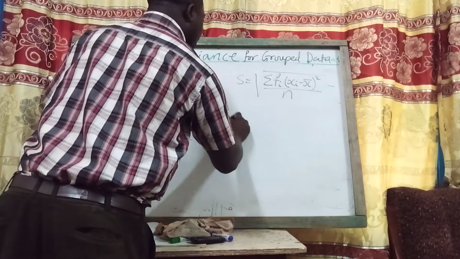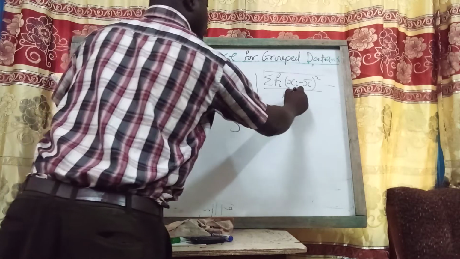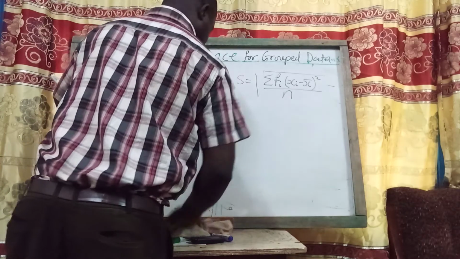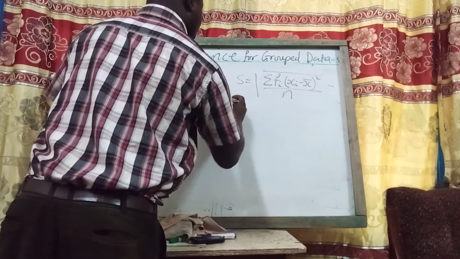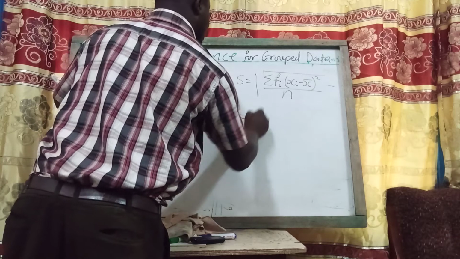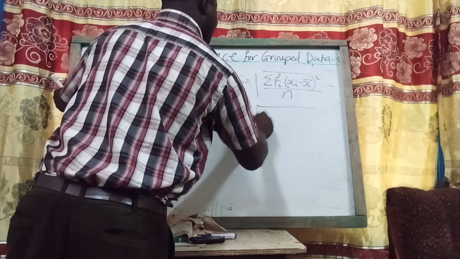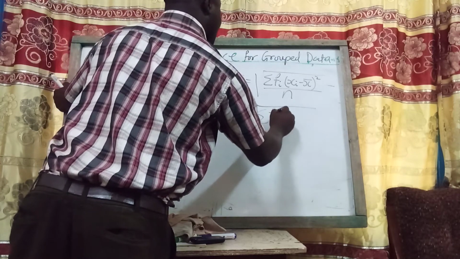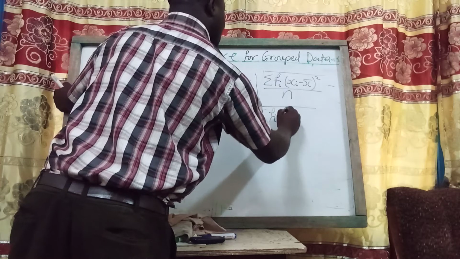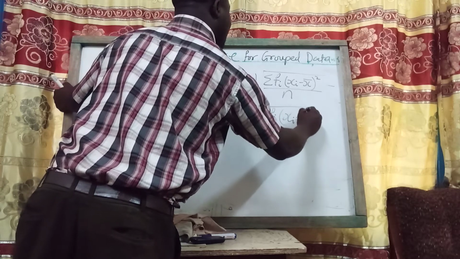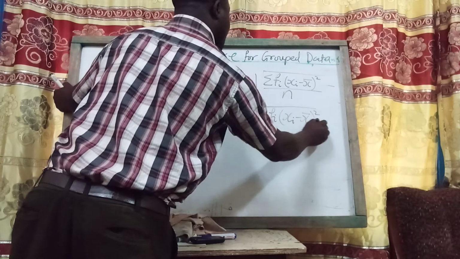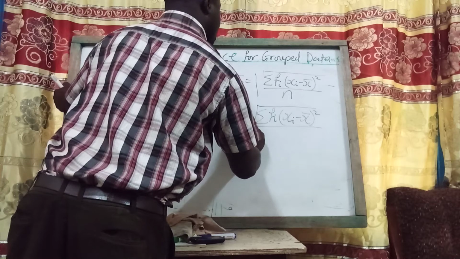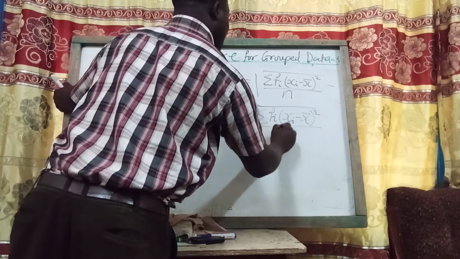Or it can also be given as the square root of summation fi xi minus x bar, all squared, over n minus 1.